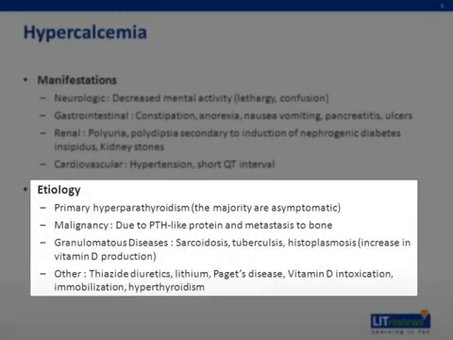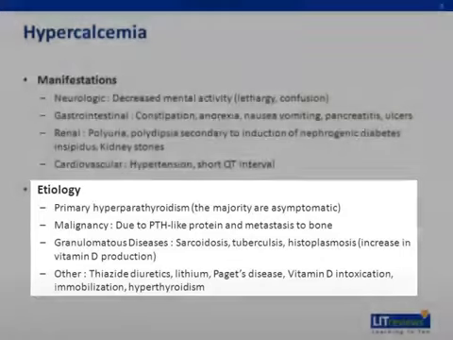This may be because of increased vitamin D production. Rare causes of hypercalcemia include the use of thiazide diuretics, Paget's disease of the bone, vitamin D intoxication, and prolonged immobilization. Hyperthyroidism is also associated with hypercalcemia because of a partial effect of the thyroid hormone on osteoclast activity.